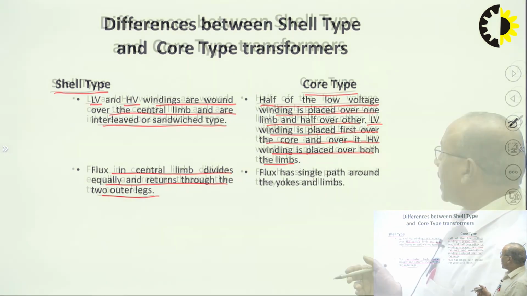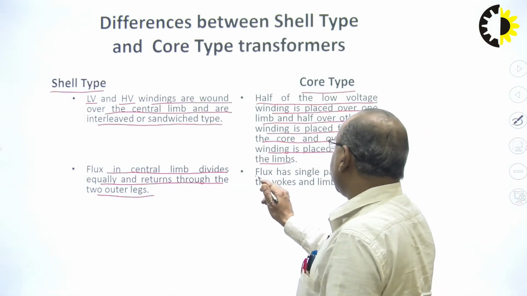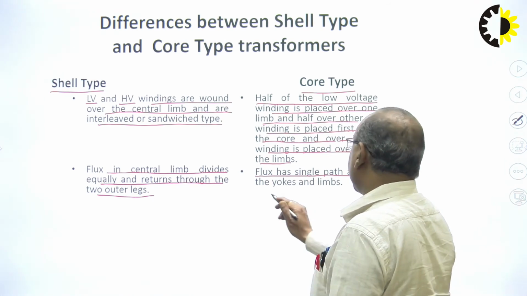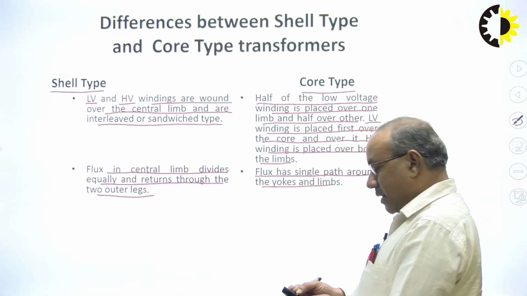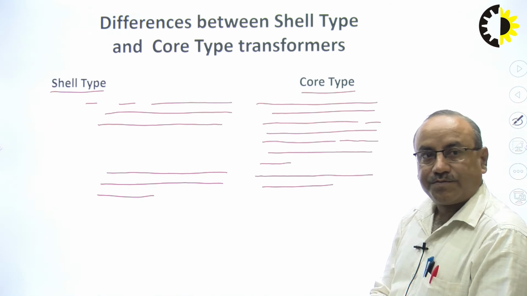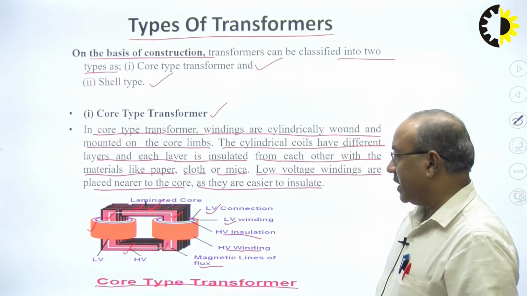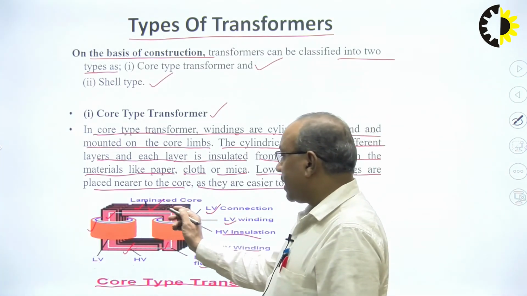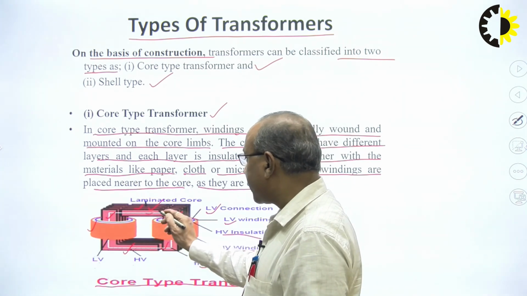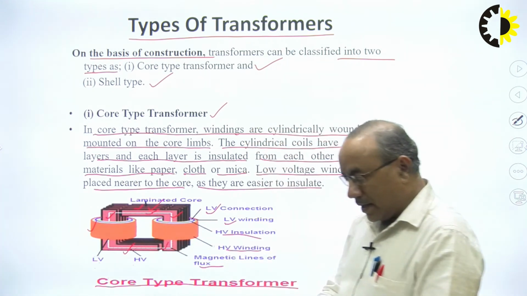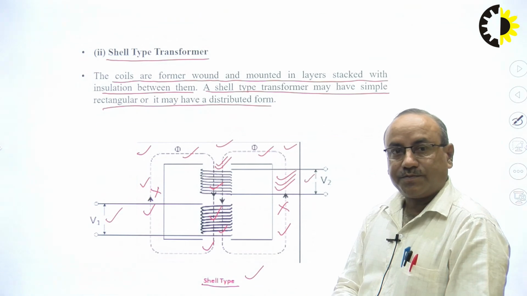While in the core type transformer, flux has a single path around the yoke and limb, that we have seen here in this core type transformer.